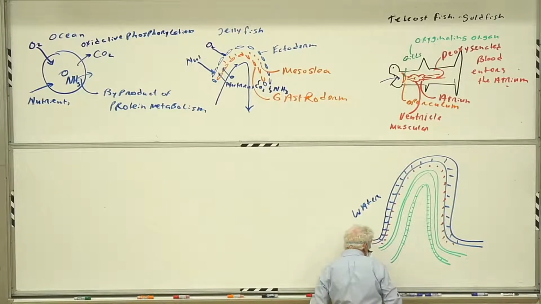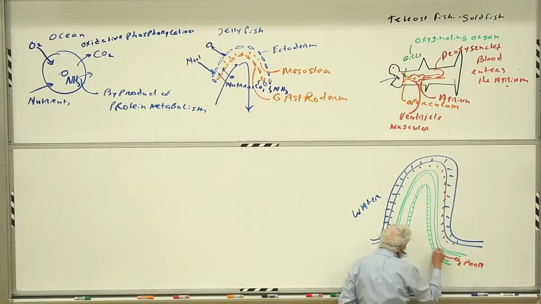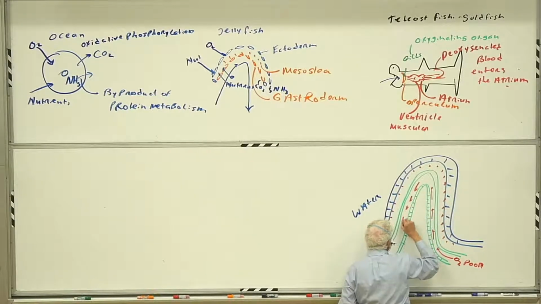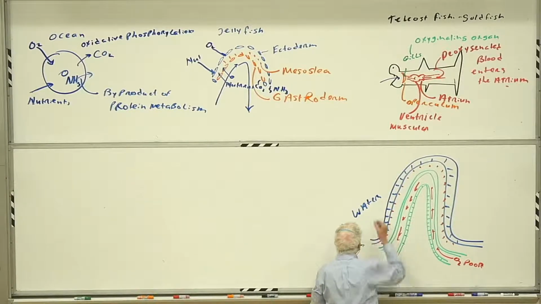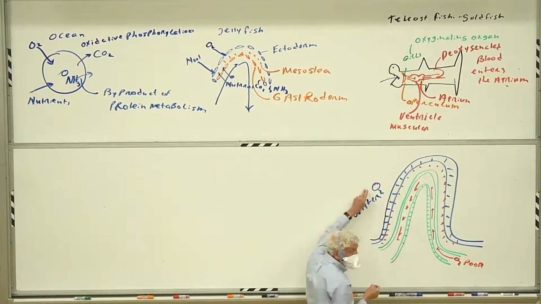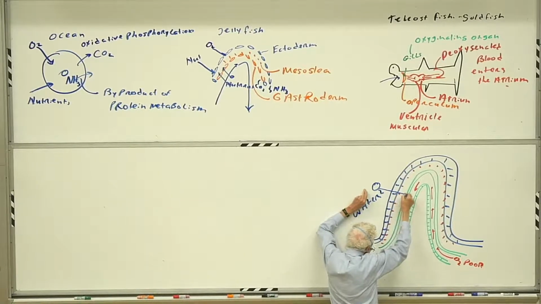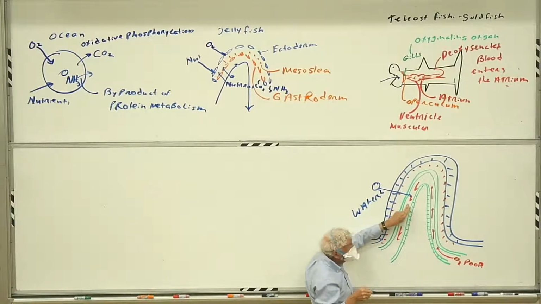And the blood, the oxygen-poor blood, flows in this direction. And as it flows in that direction, oxygen diffuses out of the water, goes across the epithelium, goes across the extracellular space, goes across the endothelium, and into the blood, where it can be picked up by erythrocytes and carried to the rest of the vasculature.